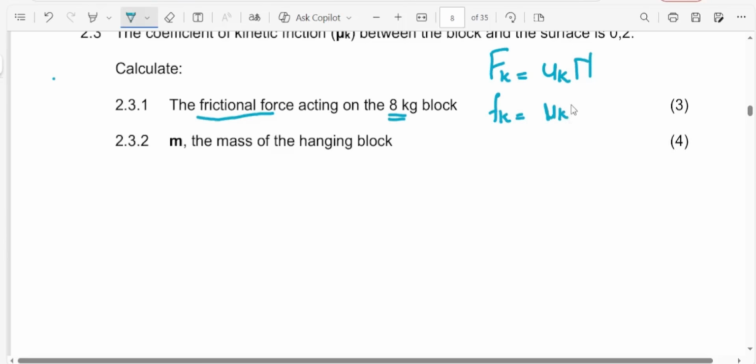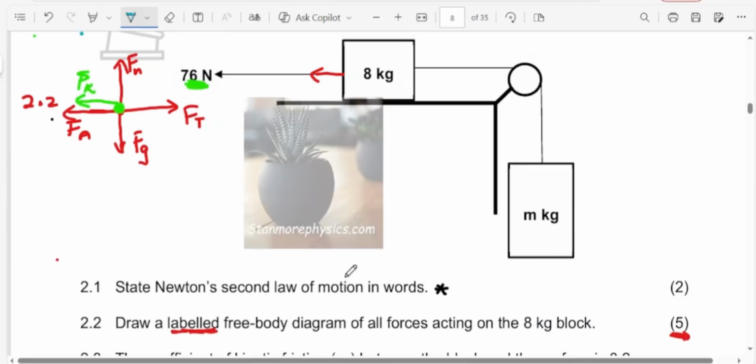The normal force, if we go back to this, remember this is a vertical object, the normal force will be equal to what? Will be equal to Fg. The normal force is equal to Fg.